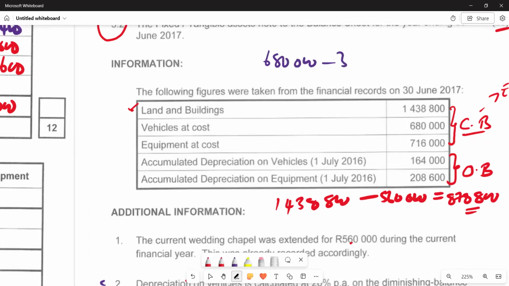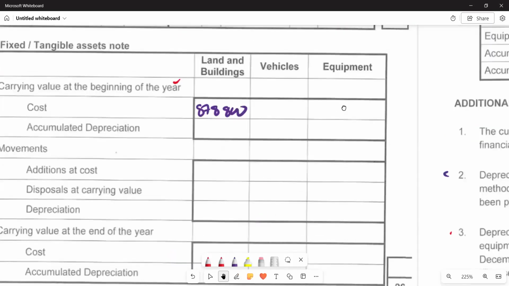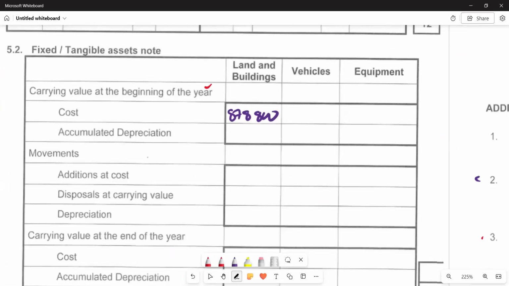Then we subtract 380,000 that came during the year to get the balance at the beginning. So you're going to get 300,000. This is going to be the cost at the beginning. So we go there and indicate it as 300,000.